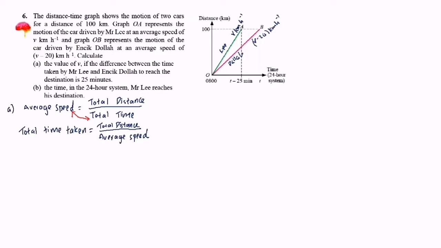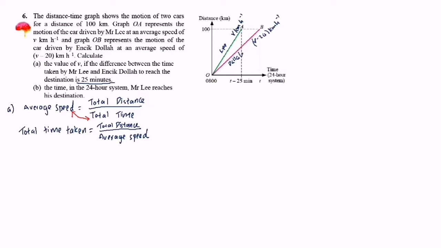Okay, now we look at the question. The difference between the time taken by Mr. Lee and $, to reach the destination is 25 minutes. So as on the distance time graph, the total time taken by $, is more than total time taken by Mr. Lee. So we need to write it in equation.